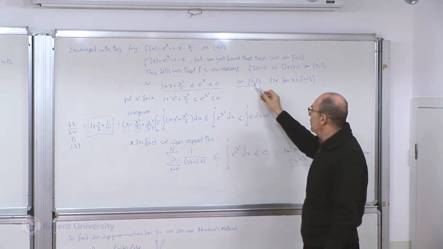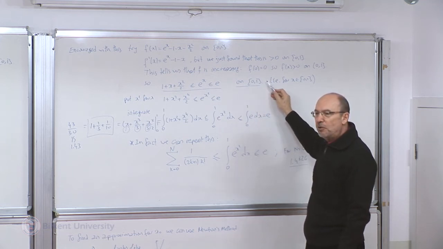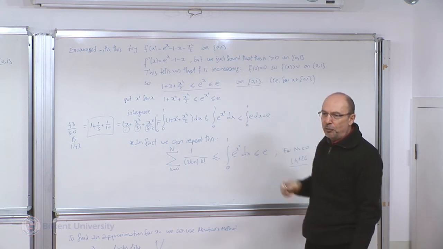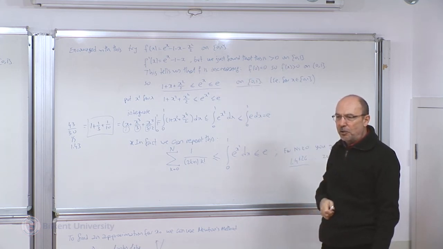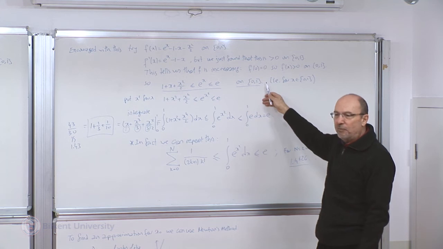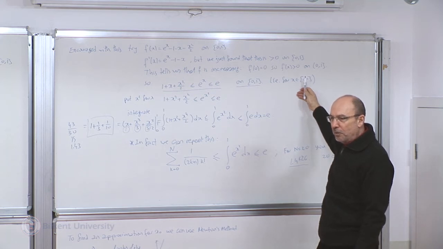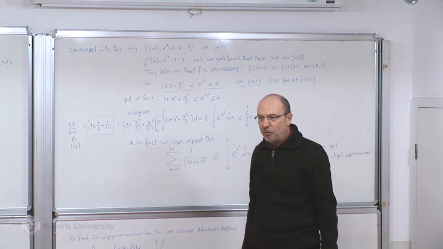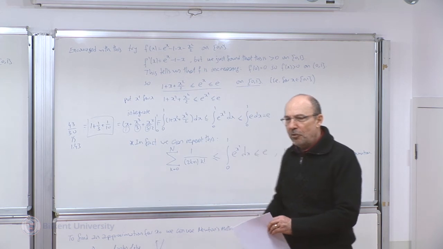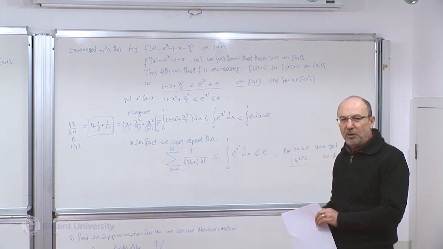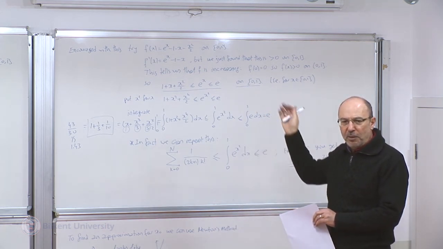If this was between 0 and 2 instead of 0, 1, then I cannot put x squared instead of x, because when x is larger than 1, x squared may be 3 or 4, which will be outside the interval. So that's the trick we are using. The only question that may be in your mind is how do you come up with these tricks?